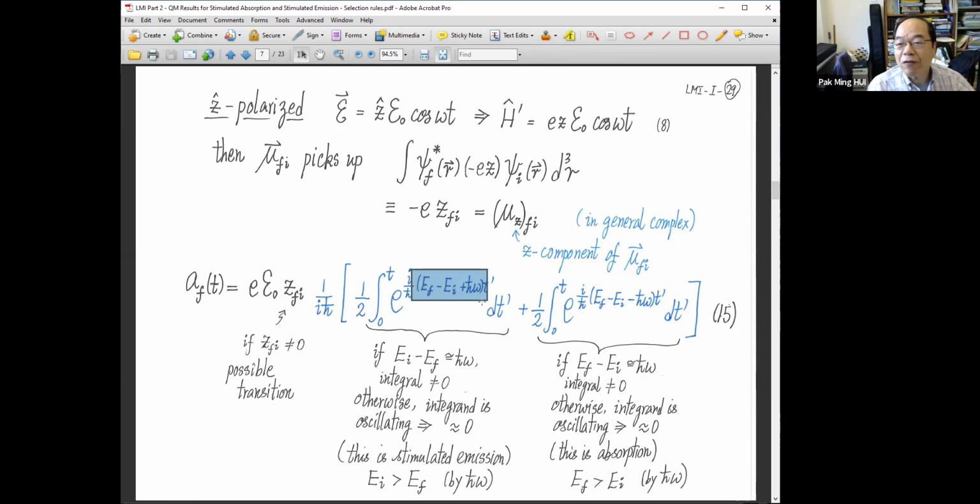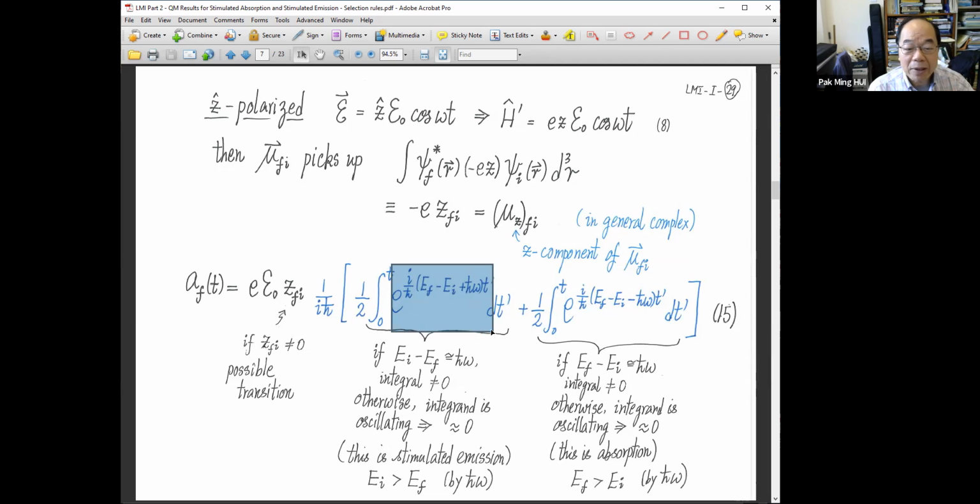So if you give it time to oscillate, you integrate over an oscillating thing, right? Usually it is 0. It works for both cases, except in one situation. If this thing is 0, the whole integrand is 1. In that particular case, the integral is not 0.